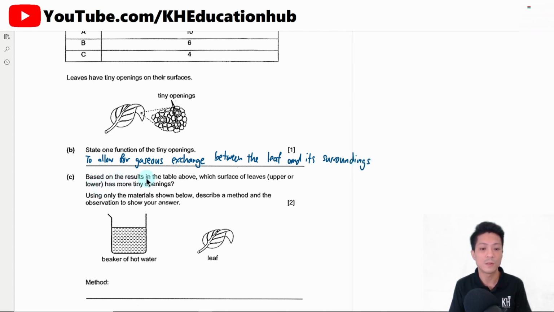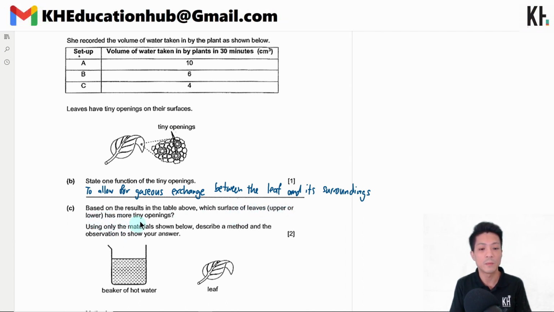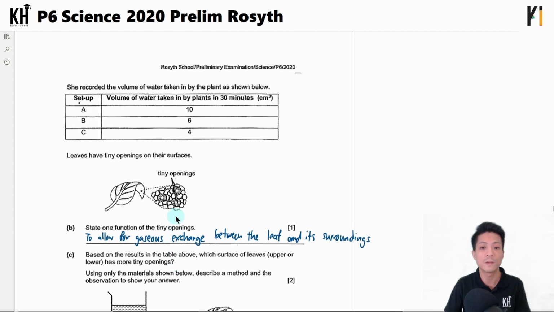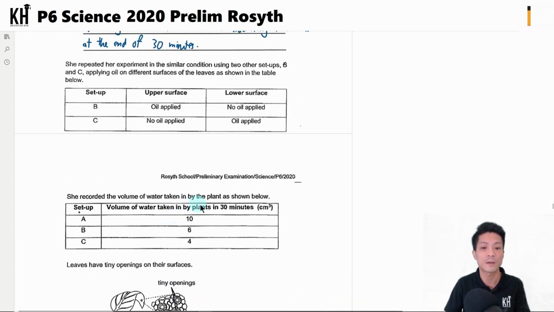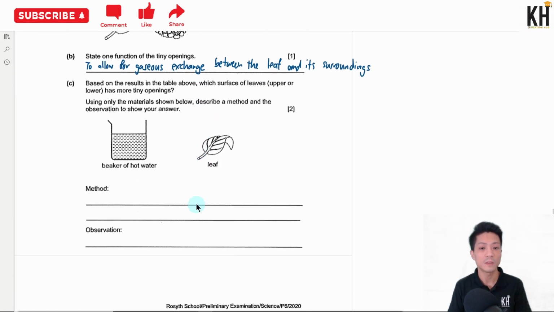Okay, based on the results in the table above, which is this table over here, which surface of leaves, upper or lower, has more tiny openings? Using only materials shown below, describe a method and observation to show your answer. Okay, in this question, you should know that the lower surface of a leaf will have more stomata, right?